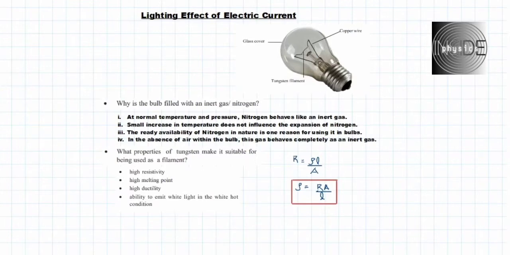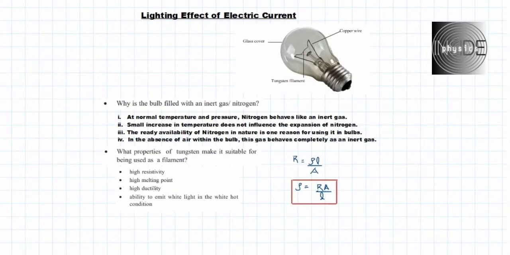The second property is a high melting point, the third is high ductility, and the fourth is the ability to emit white light in the white hot condition. So when heat comes, the bulb glows and produces white light, which means it glows white.